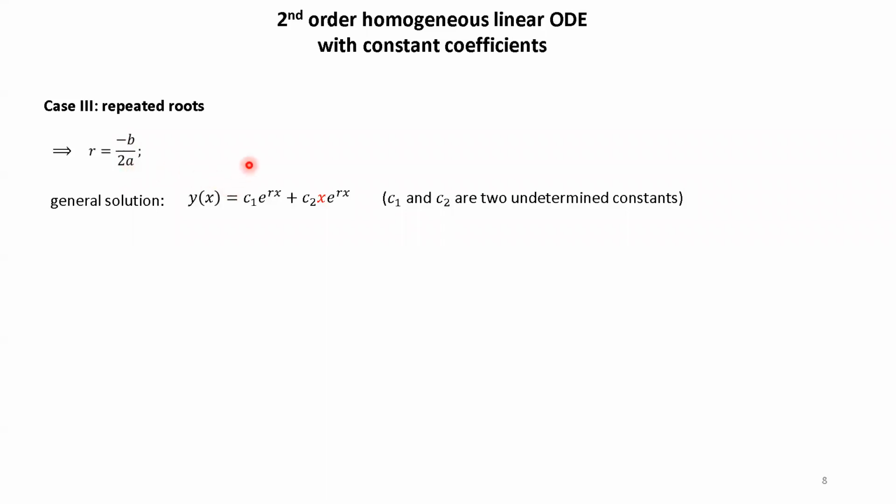And now if we try to write the general solution as a sum of two terms, the first thing you might think is that, okay, then I'll just write C1 e to the Rx plus C2 e to the Rx with the same R. Okay, you can do that, but you realize that this time the two are the same thing, right? So the two are linearly dependent functions.